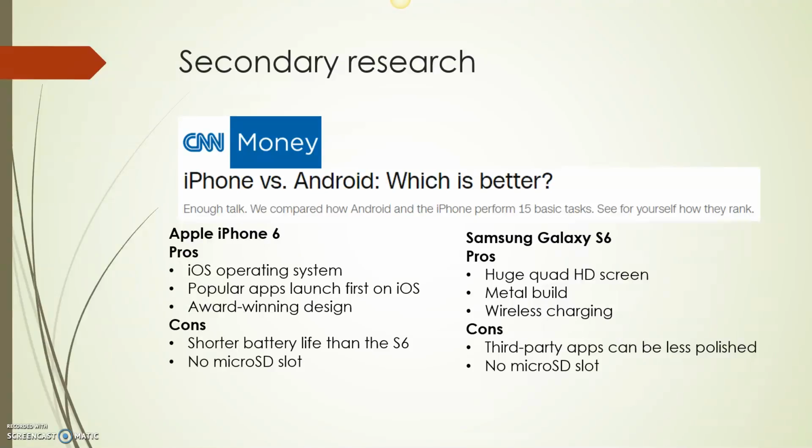So moving on to my secondary research. I conducted my secondary research using CNN Money, which was comparing iPhone versus Android, which is better, and so on and so forth.